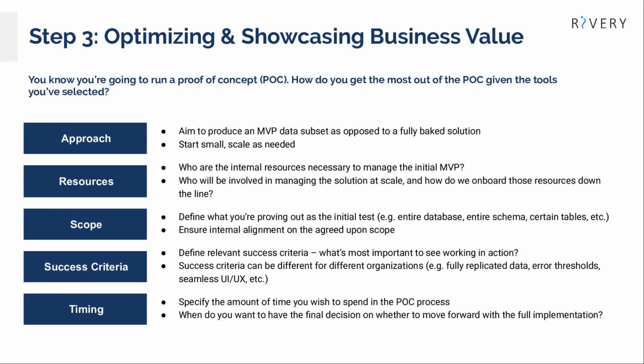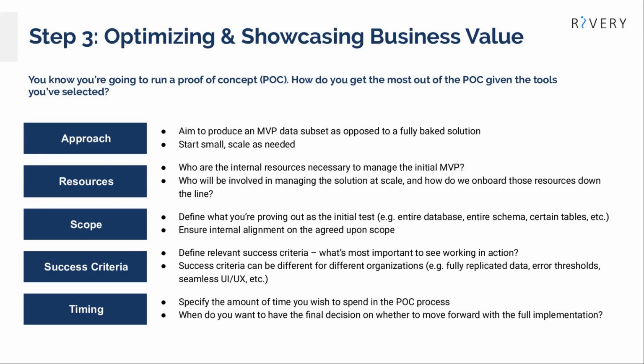Next up is resources. So it's important to define upfront who are the resources in the initial POC exercise when developing the MVP. You're also going to want to consider the resources you'll leverage if and when the solution scales. While they might not be directly involved in the POC at the moment, it's important that they stay informed on the progress of the POC. Ensuring resources selected have the right skill sets is also very important.